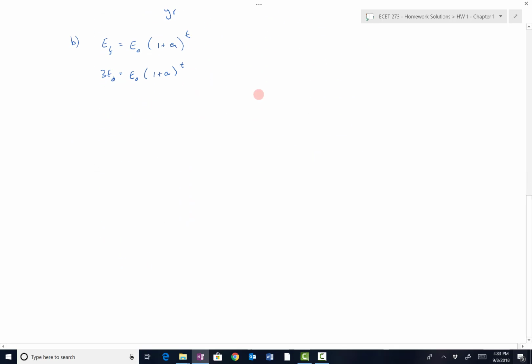This just leaves me with 3 is equal to (1 plus alpha) to the T.